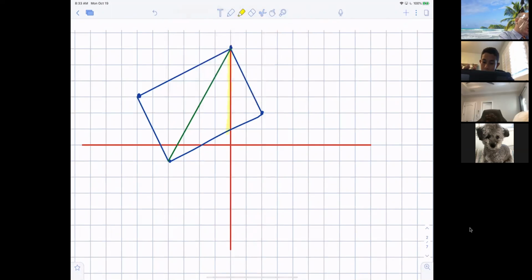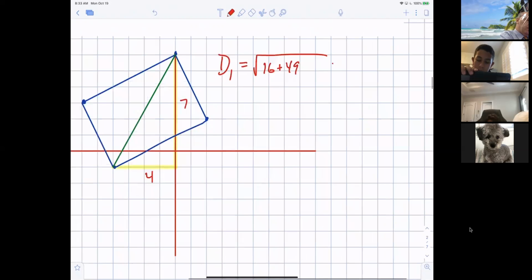So here to here. So this distance is 4. Does everybody agree with that? And 1, 2, 3, 4, 5, 7, right? So diagonal 1 is equal to, someone tell me. Yes, 16 plus 49, which is the square root of 65.